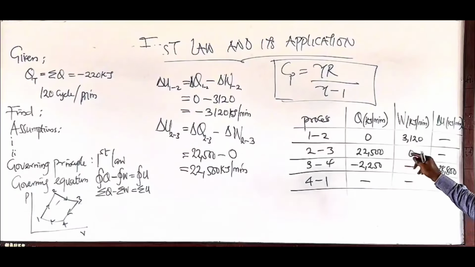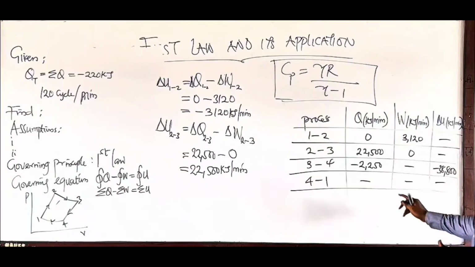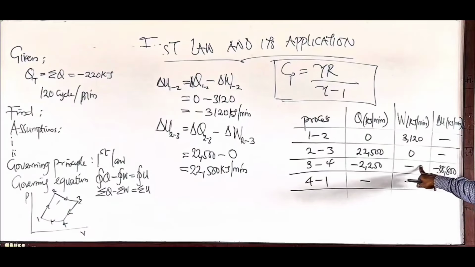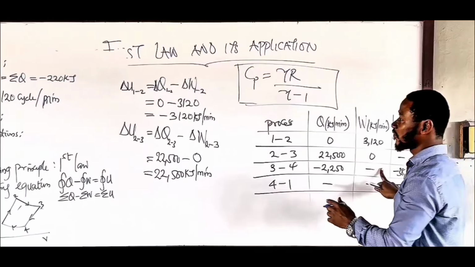The third process is process 3 to 4. What is missing in this case is the work done in the process. So we have Q and we have U. What we are going to do is to make W the subject of the formula so that we can use it to determine its value.